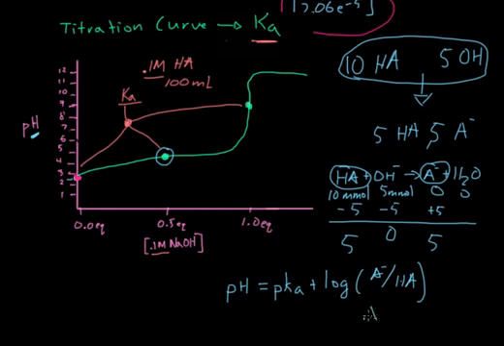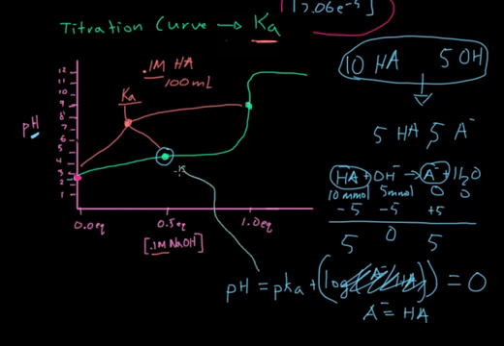Since A minus in this case equals HA, we're taking the log of 1, and the log of 1 pretty much equals 0. So at this point, pH equals pKa. pH looks to be about 4.7, I think. 4.7. So then 4.7 equals the negative log of your Ka.